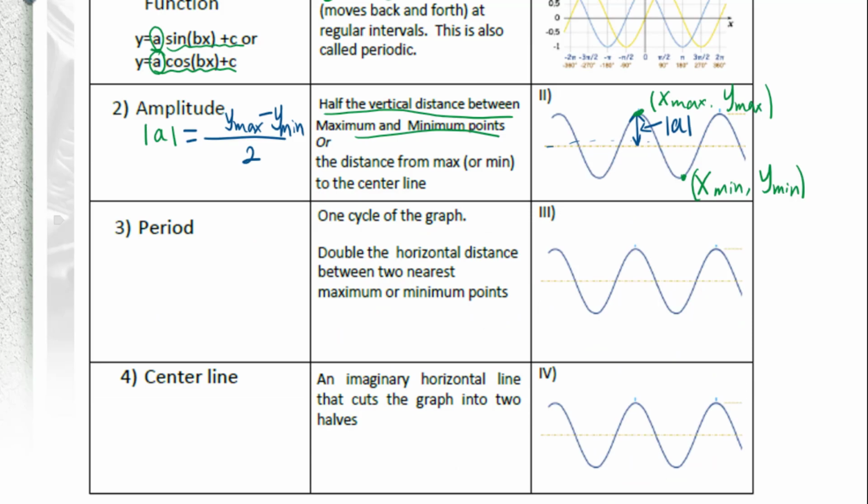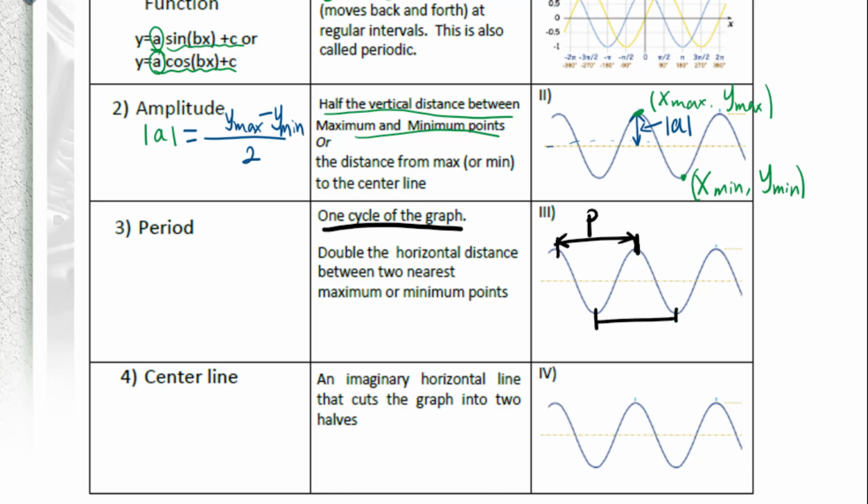The length of the interval that the function is repeated is called period. In other words, period means one cycle of the graph. If you get two nearest maximum points, then the horizontal distance will be period P, or the nearest two minimum points.